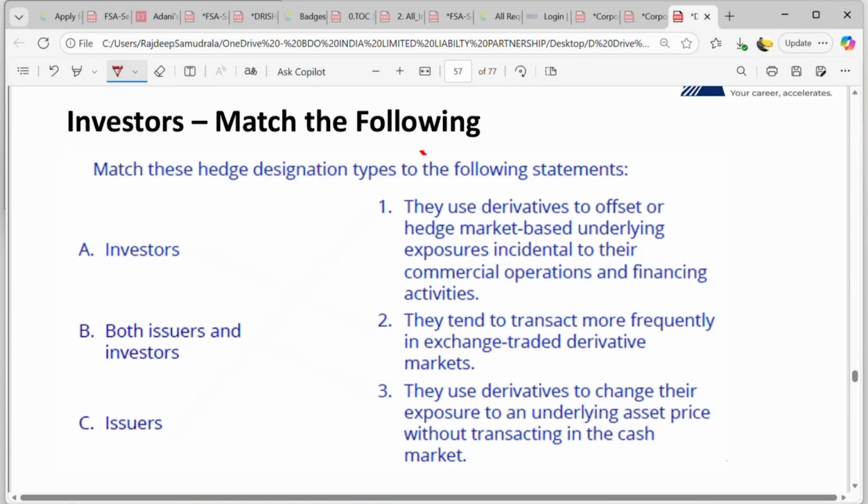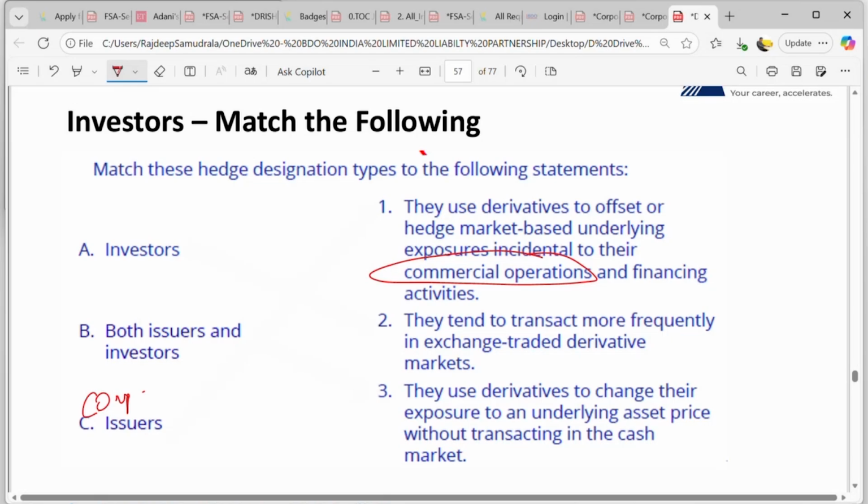Investors, what do they do? The word commercial operations. So remember, issuers are corporate issuers, the companies. What does one refer to? Investors do it, or issuers do it, or both do it? So maybe issuers, because of the commercial operations. Correct.